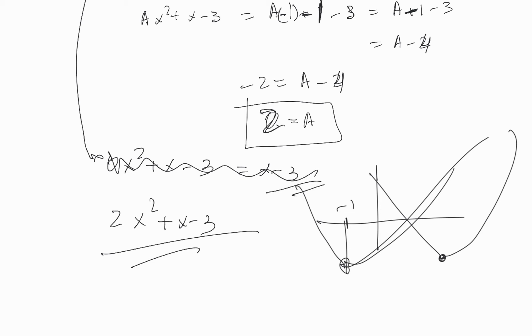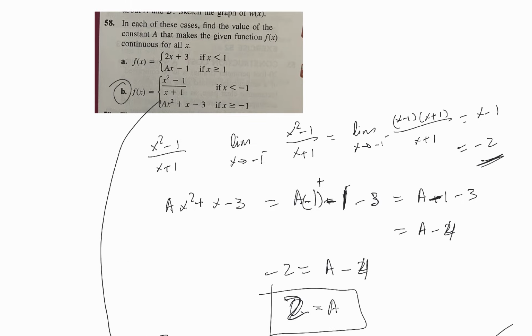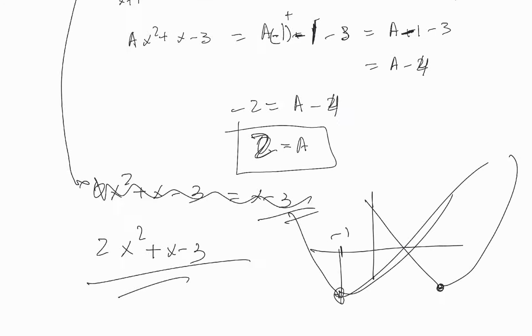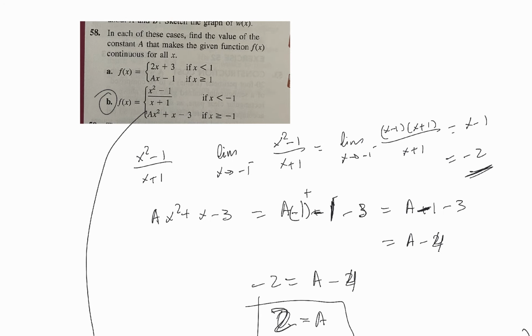So at x equal to minus 1, they glue the two parts, this part and this part, at x equal minus 1 when a is 2. When a is 2. Okay, you can redo it. Good luck.